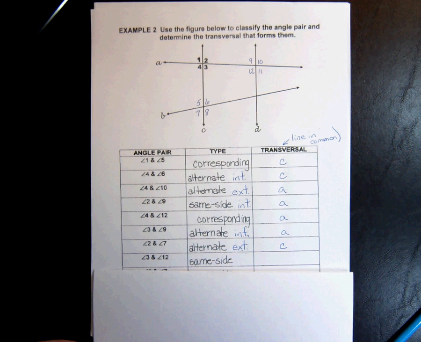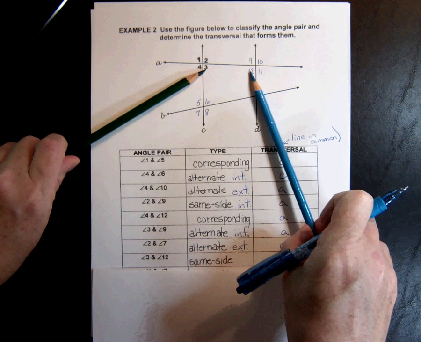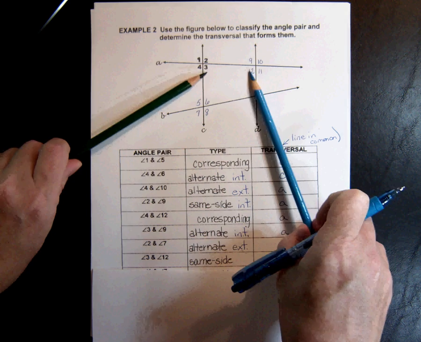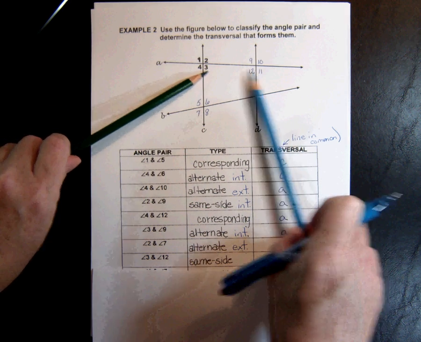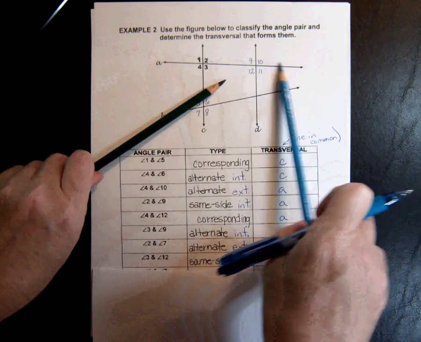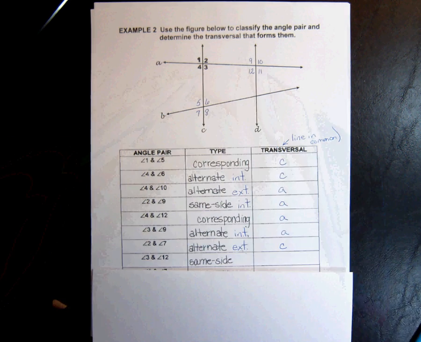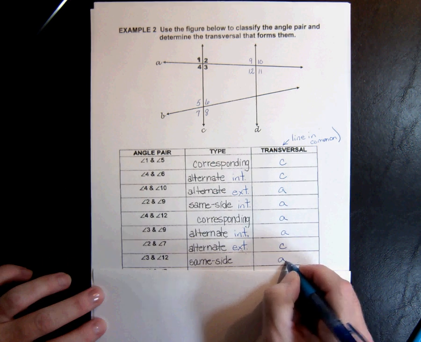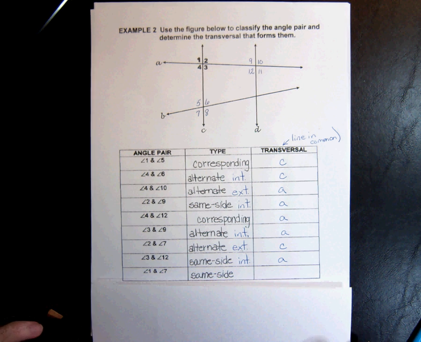2 more. 3 and 12. 3 and 12. They're both on the inside. They didn't cross over, so they're same side, but are they on the inside of this A or are they on the outside? They're on the inside. So that's transversal A, interior. 1 and 7.